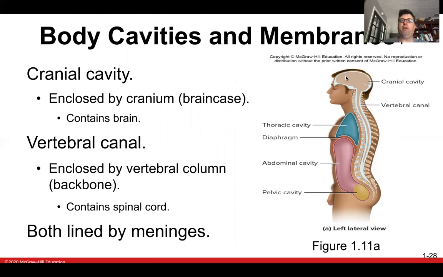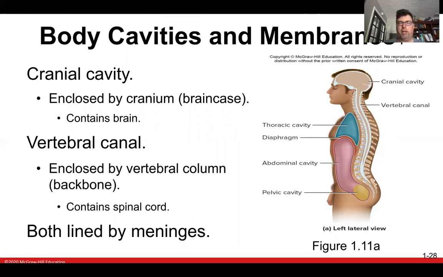So we've got the cranial cavity, which is enclosed by the brain case, and it contains the brain, naturally. And then you've got the vertebral canal, which is enclosed by the vertebral column and contains the spinal cord. Both of these cavities are lined by membranes called meninges. And the meninges are surrounding the brain and the spinal cord and protecting it.